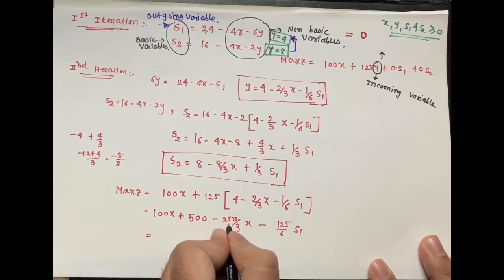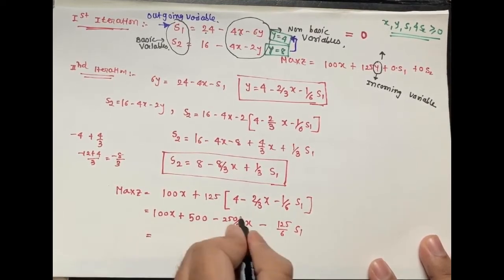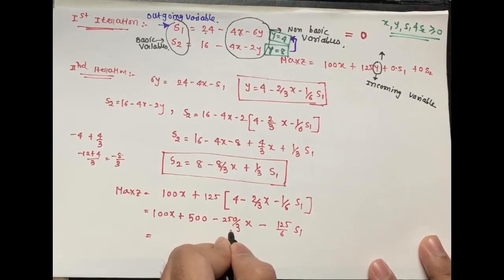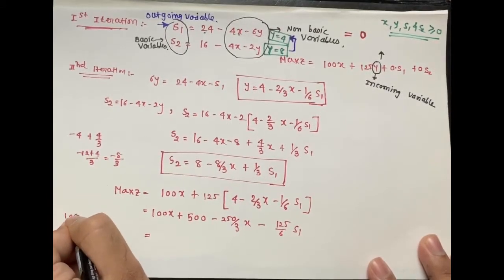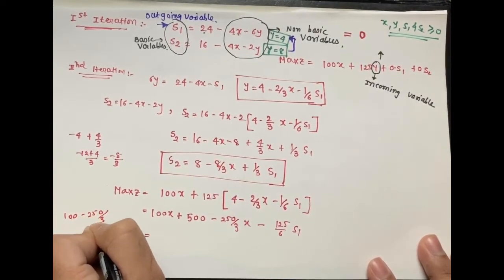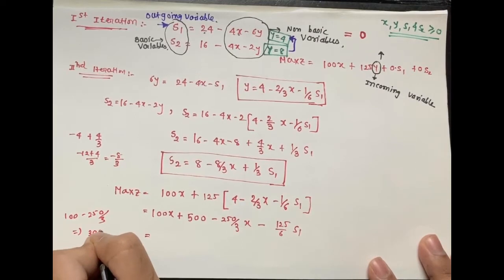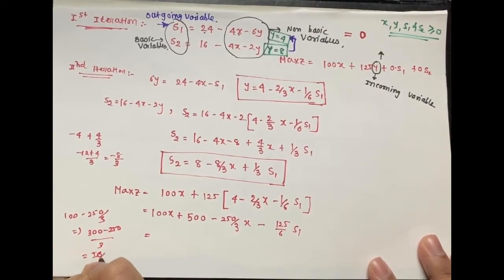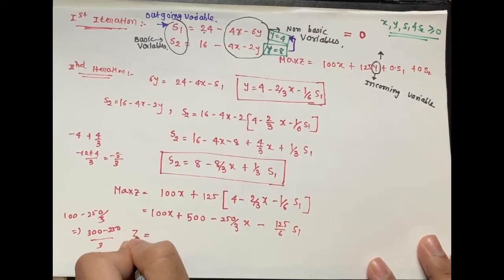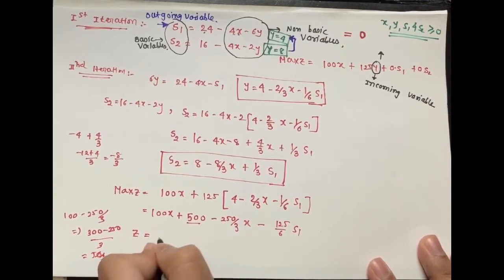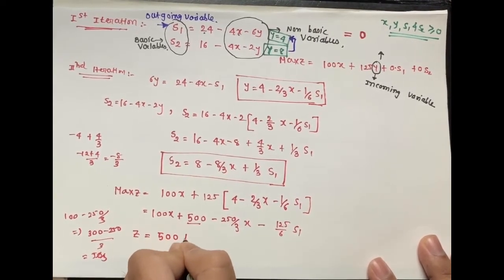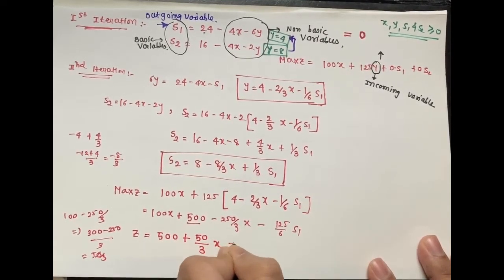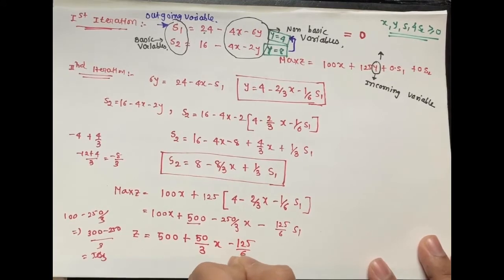So 100x minus 250 by 3x, so it is 300 minus 250 divided by 3, so that is 50 by 3x. So z equals 500 plus 50 by 3x minus 125 by 6 s1.